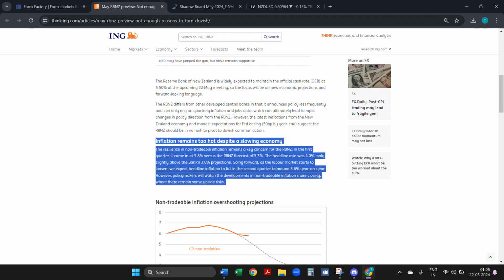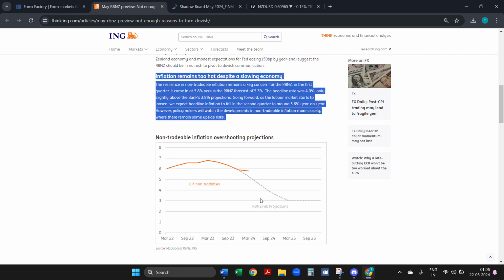Going forward, as the labor market starts to loosen, we expect headline inflation to fall in the second quarter to around 3.6% year on year. However, policymakers will be watching the development in non-tradable inflation more closely, where there remains some upside risk.